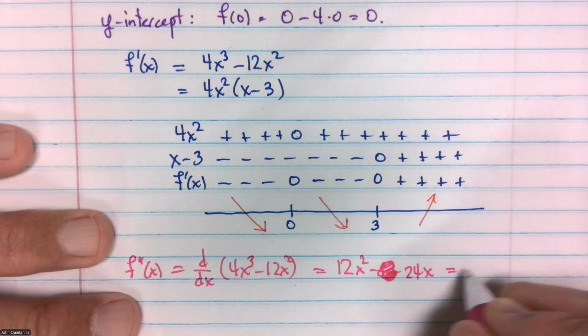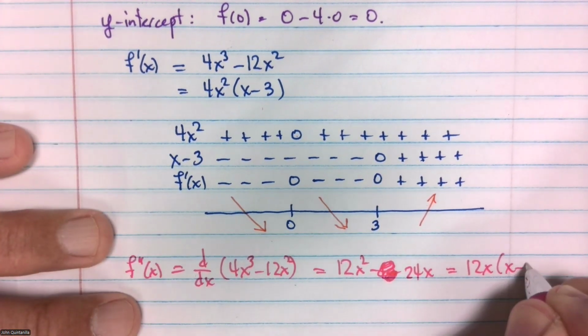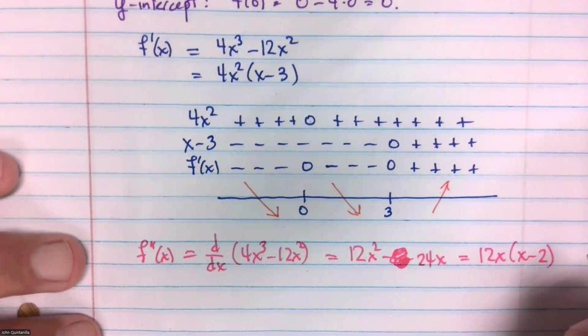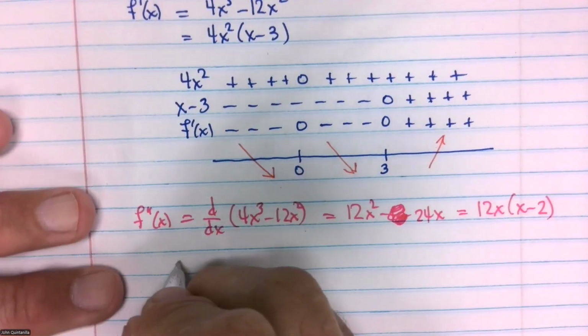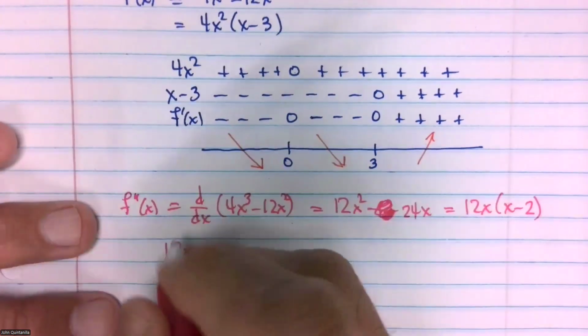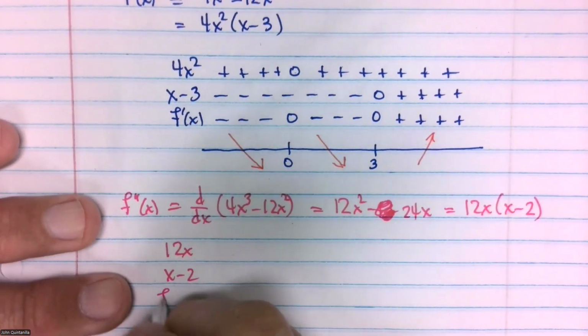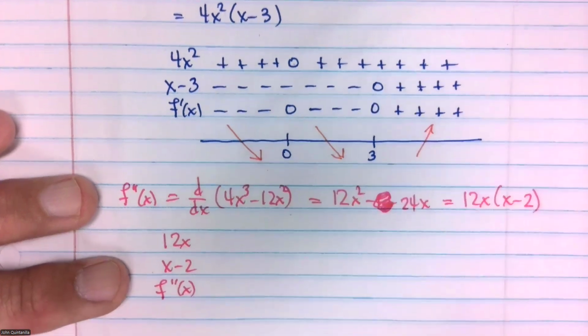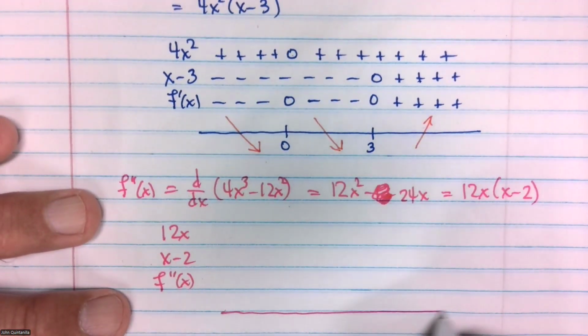And so I can factor 12x out: 12x times x minus 2. So the terms are going to be 12x and x minus 2. Multiplying together, I get the second derivative. Points of interest are going to be 0 and 2.